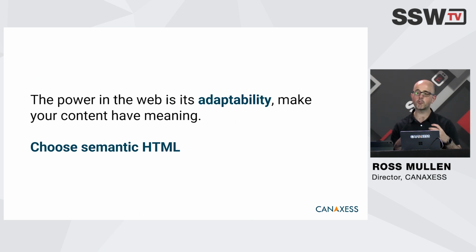Content created with semantic HTML means the content isn't only consumable visually, but audibly, as well as any other possible ways. And that's what semantic HTML provides. Don't just make your content look good visually, make your content sound good and have meaning semantically.